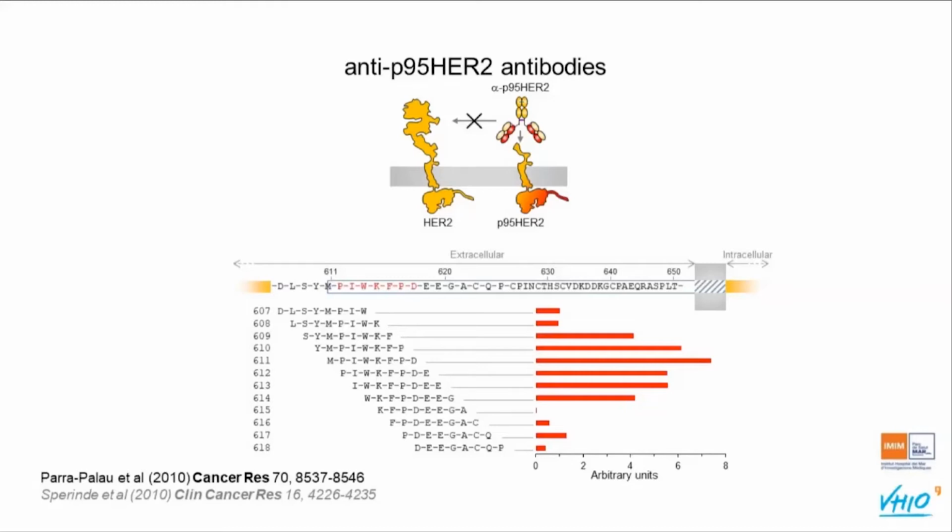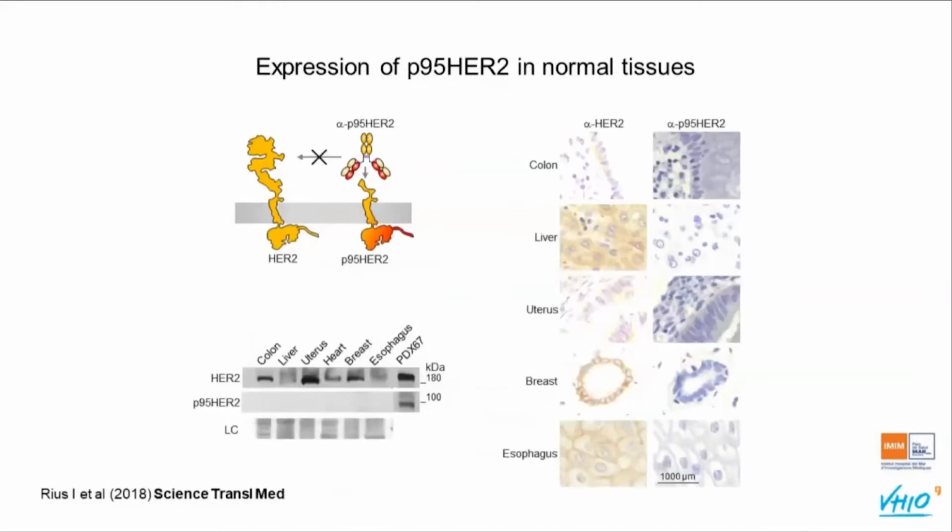A couple of years ago, we and some collaborators showed that, in contrast to HER2, which is overexpressed in tumors, of course, but still expressed at detectable levels in normal epithelial tissues, there's no P95 HER2 whatsoever in normal tissues.